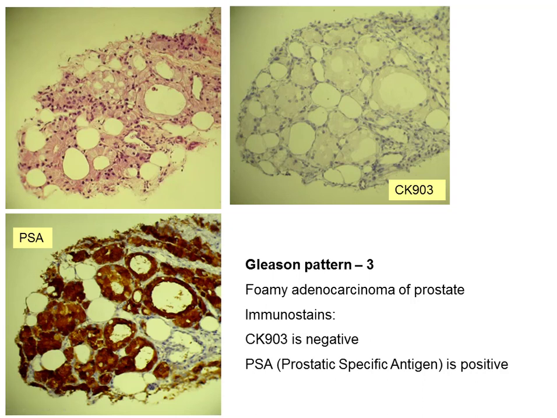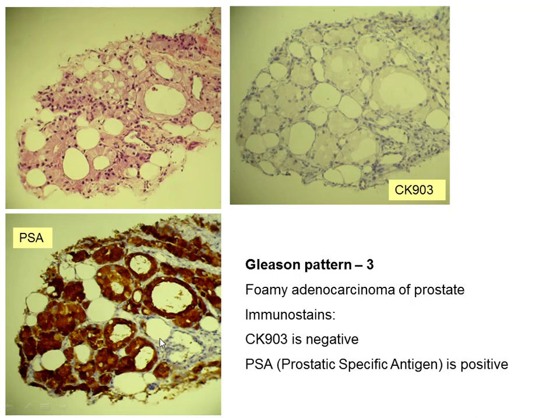Here you can see, on the left side, the first color slide. That is a picture of a possible prostate cancer, stained with hematoxylin. In the PSA reaction, prostate-specific antigen, we have a positive reaction, so these are cells of the prostate gland.